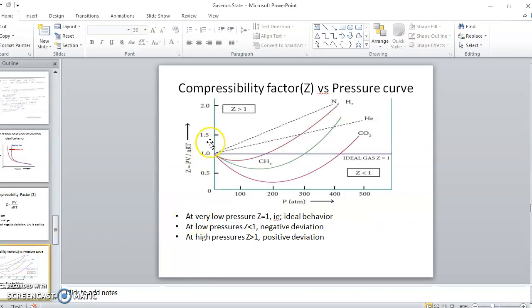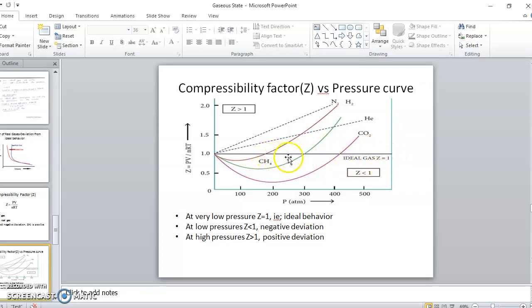Now here you have a curve of compressibility factor, which is Z versus pressure for various gases like nitrogen, hydrogen, helium, carbon dioxide, etc. If you look at this curve, on the y-axis you have Z, and on the x-axis you have pressure, and you have a line over here, which is Z equal to 1, which indicates an ideal gas.